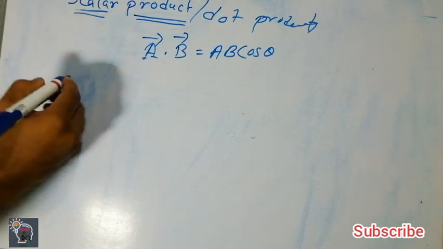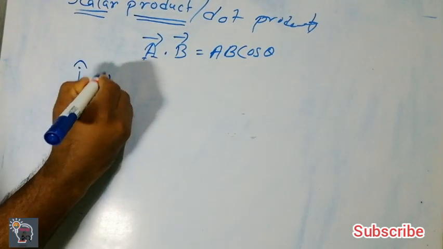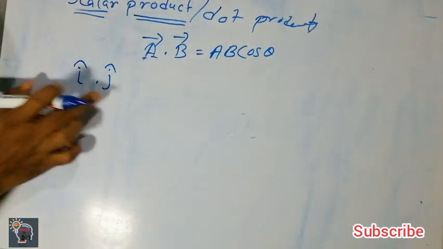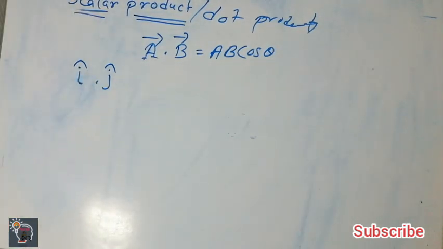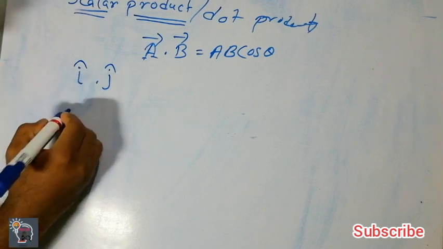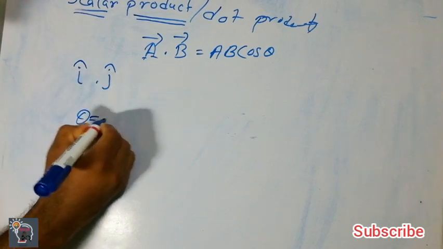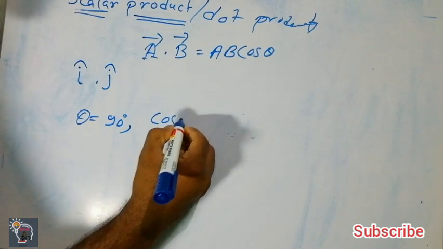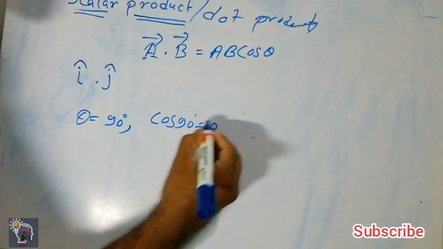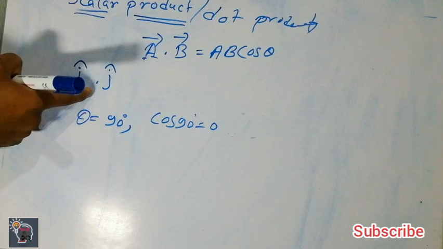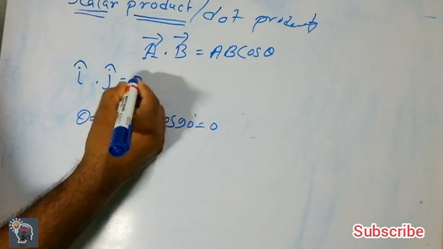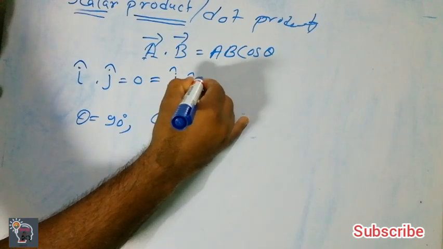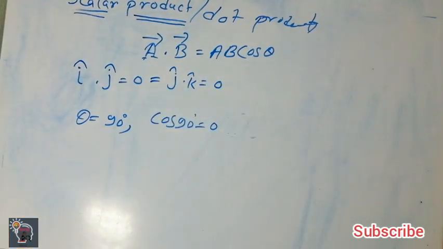Now what is the value of i cap dot j cap? These two unit vectors are mutually perpendicular, so the angle between i cap and j cap is 90 degrees. We know that cos 90 is equal to 0. So i cap dot j cap is equal to 0, and j cap dot k cap is also equal to 0.